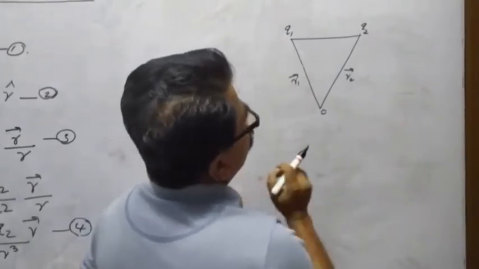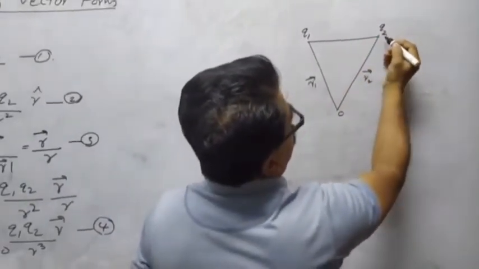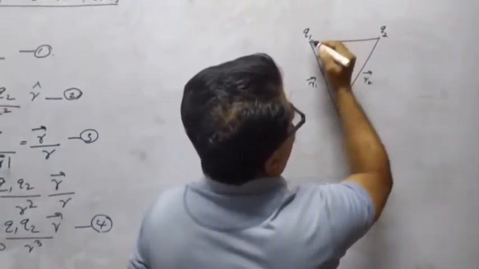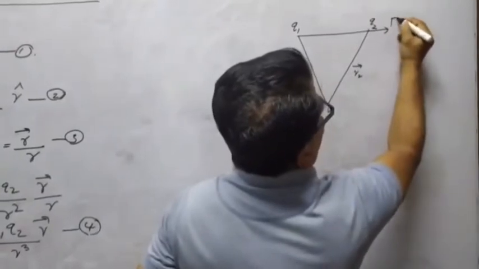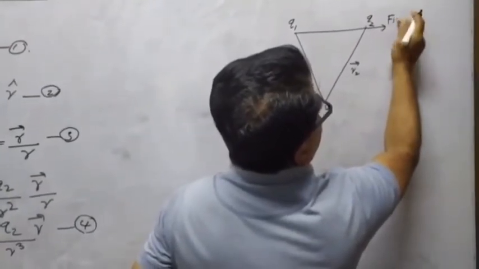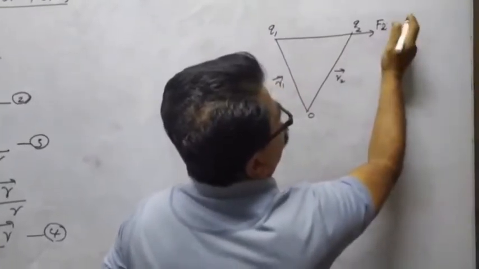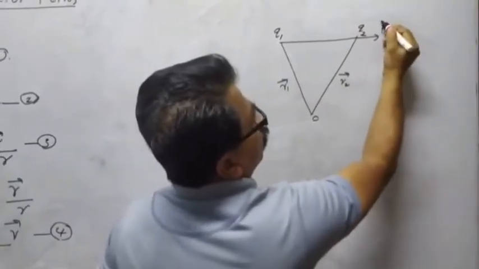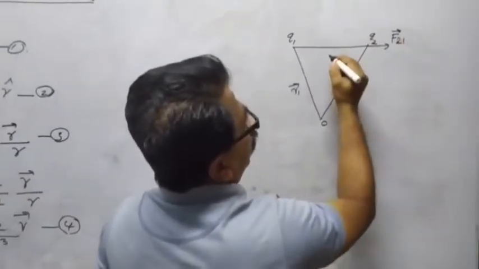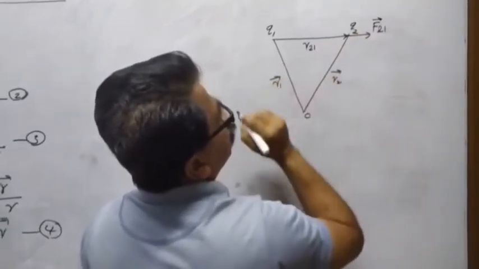If the force on the charge Q2 by Q1 is represented as F21, the distance is treated as R21.